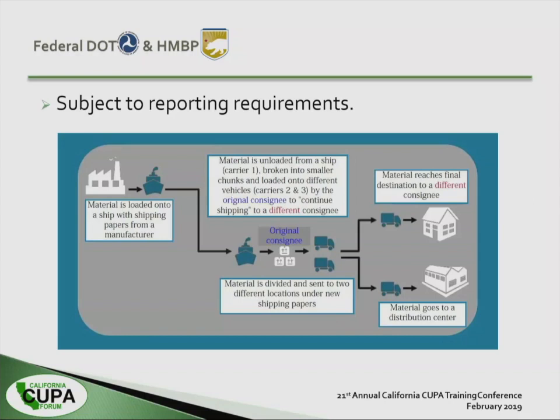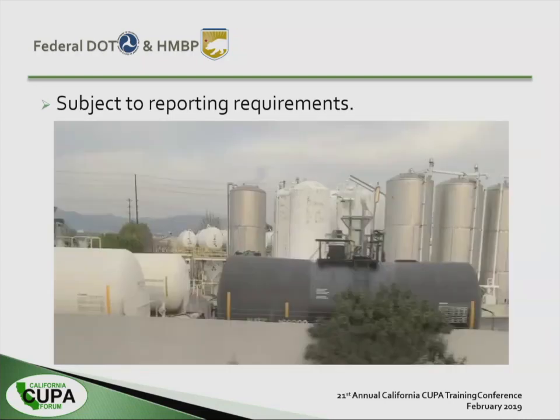So when that material gets to that first warehouse, the original consignee warehouse, it is now reportable. It then loses the reporting requirements once it gets onto the next truck to the final destination. We have the same thing happening here: a bulk carrier transferring it to another carrier and then subdivided to different entities.